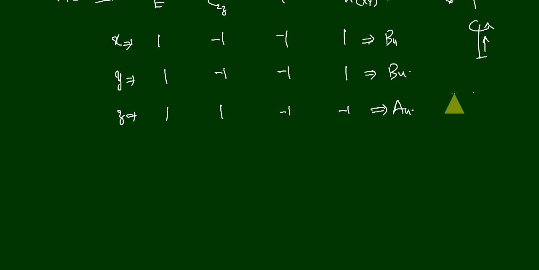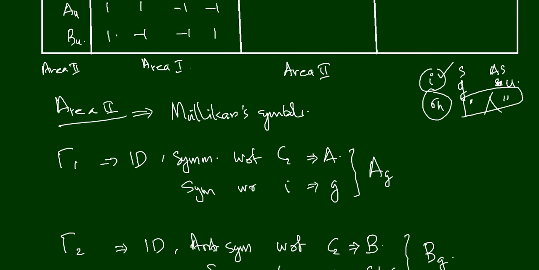So in the same line of BU, we have to fill X and Y, and in the same line of AU, we have to fill Z. So let us do this in the character table.